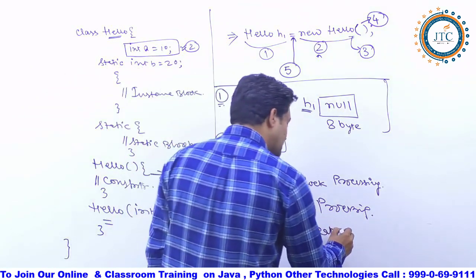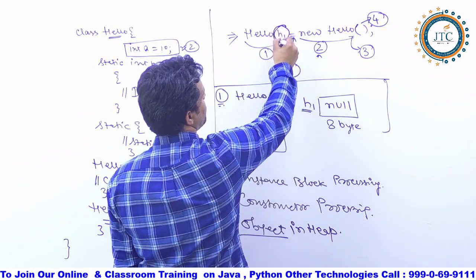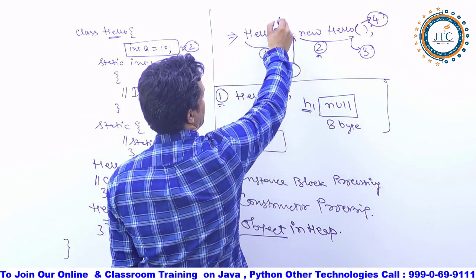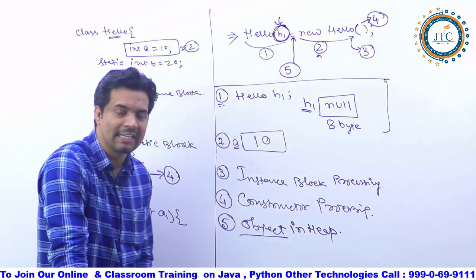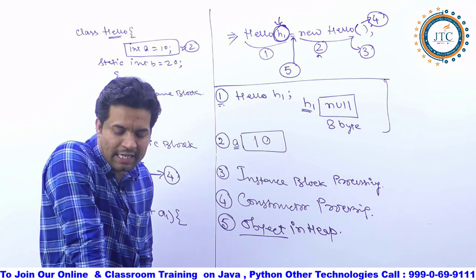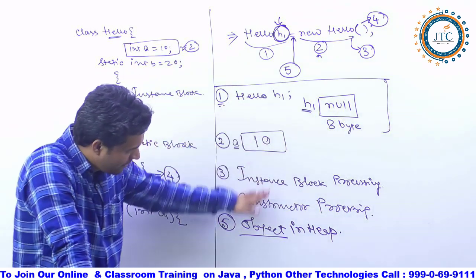And now this reference will be assigned into the H1. This reference will be assigned inside the H1. Are you getting my point? So any doubt inside this? Any questions in this?